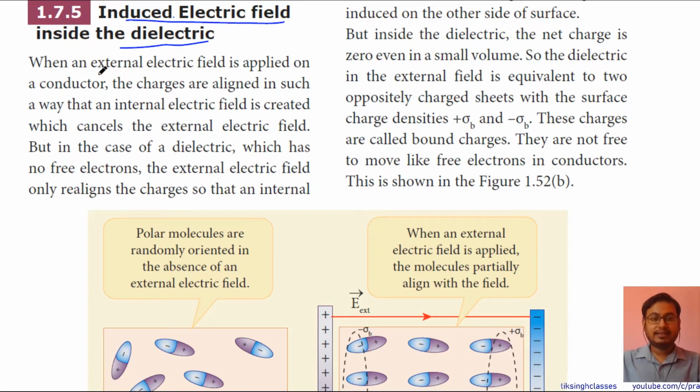When an external electric field is applied on a conductor, the charges are aligned in such a way that an internal electric field is created which cancels the external electric field. That means if we have a conductor kept in a region of external electric field, then inside the conductor also the charges will realign, and because of that an internal electric field is born.